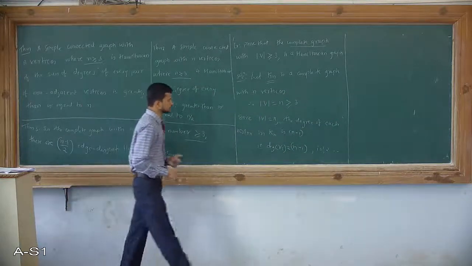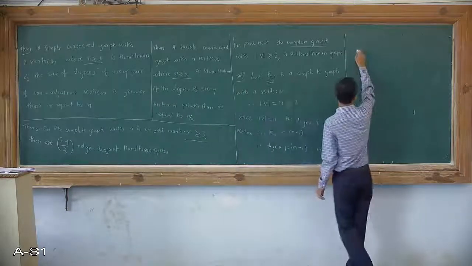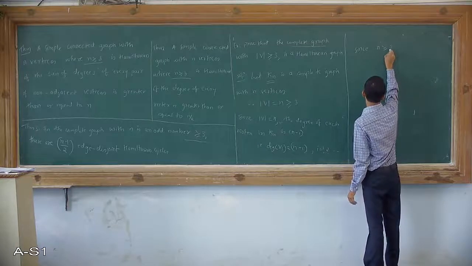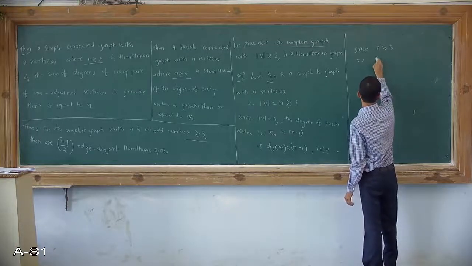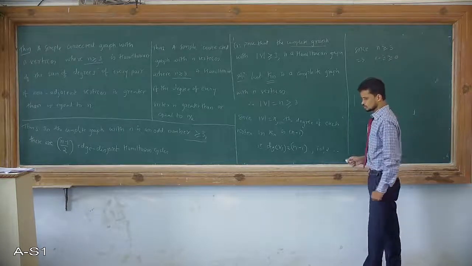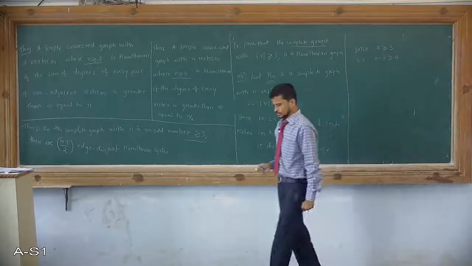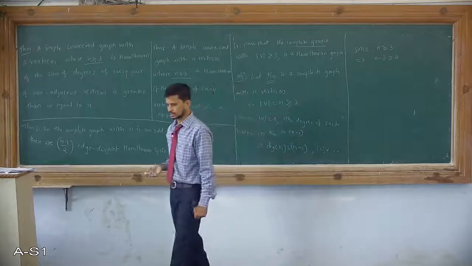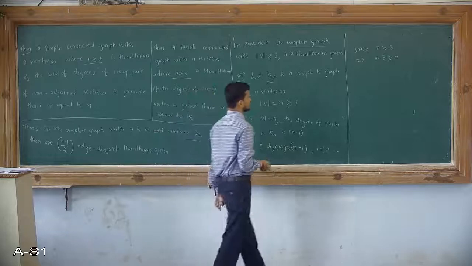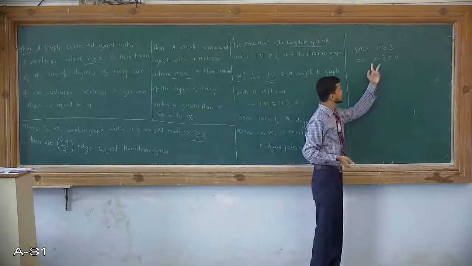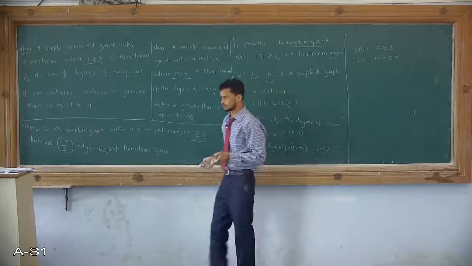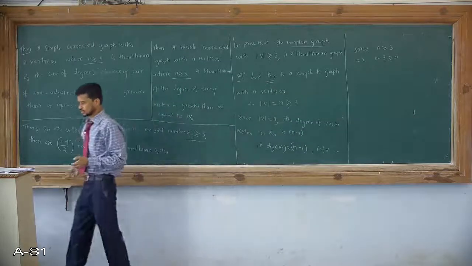Since n is greater than or equal to 3, this implies n minus 3 is greater than or equal to 0. We have to choose n in such a way that n minus 3 is always greater than or equal to 0. In other words, n is at least 3 here.